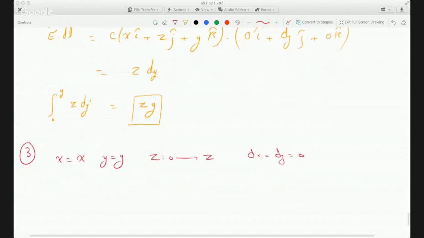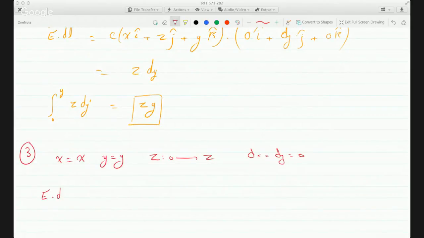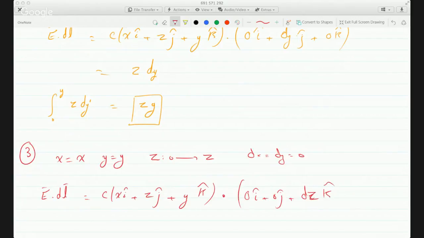So then E dot dl on path number 3 would be cx i plus zj plus yk dotted with 0 in the i plus 0 in the j plus an infinitesimal amount in the z, which is dz, in the k.